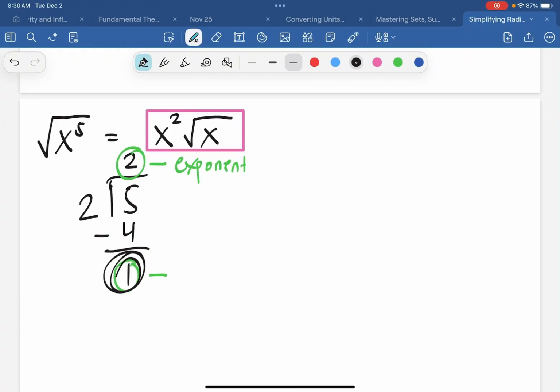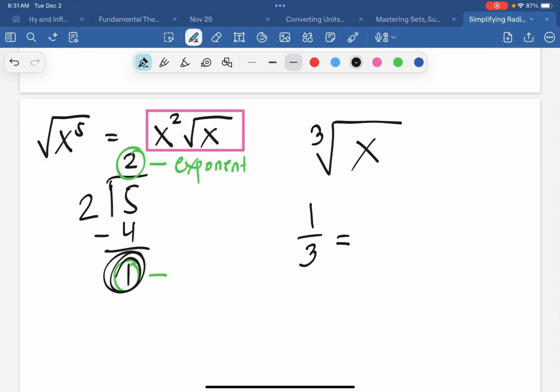Now, let's make use of cube root. If you have x, as you can see, the exponent of x is just 1, so we don't extract x, because 1 divided by 3 is just a fraction or decimal.